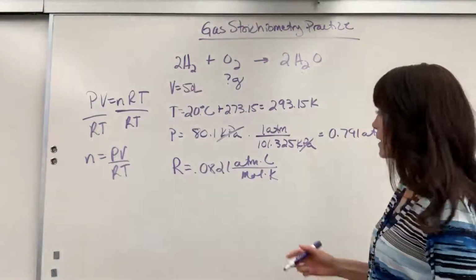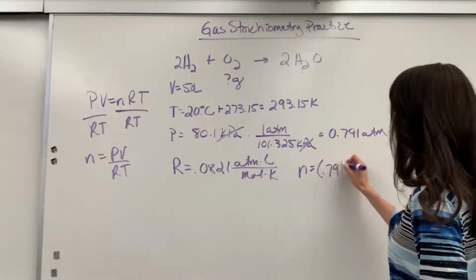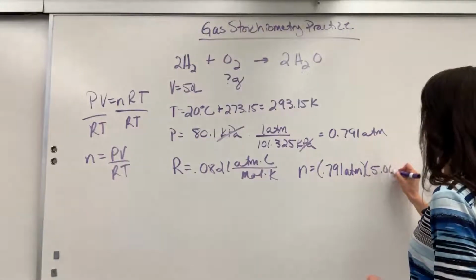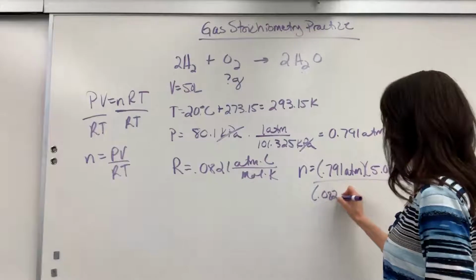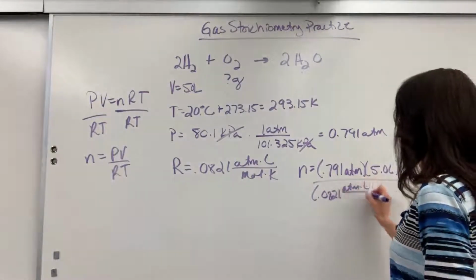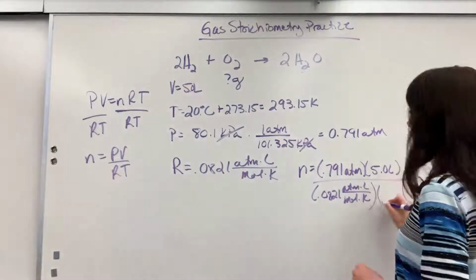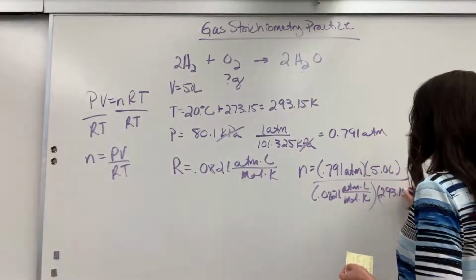We'll go ahead and plug in. Moles is going to be 0.791 ATM, that's your pressure, times the volume is 5.0 liters, divided by the gas constant, 0.0821 ATM times liter divided by mole times Kelvin, always include those units, times the temperature was 293.15 Kelvin.